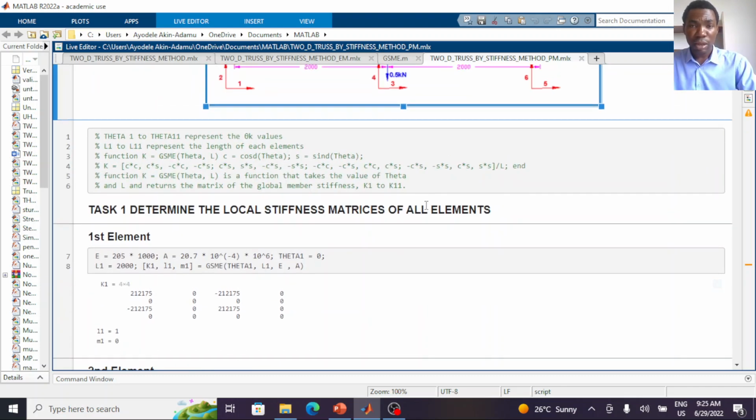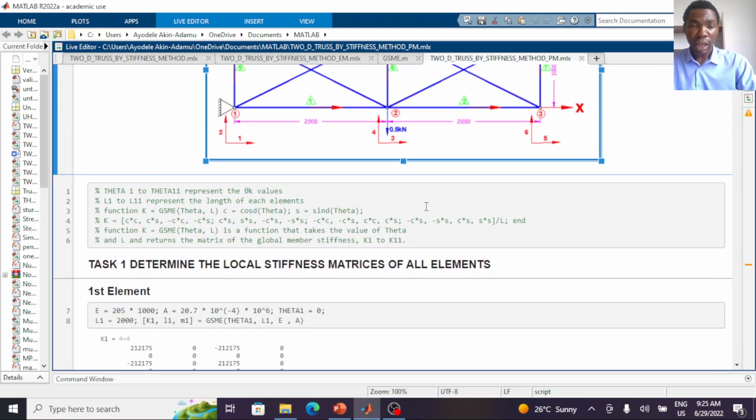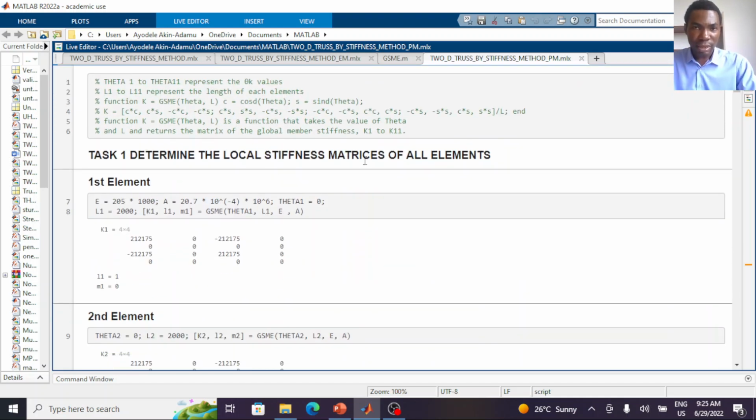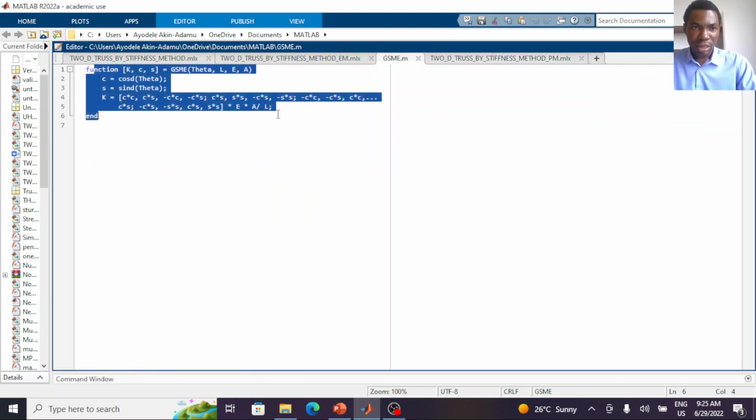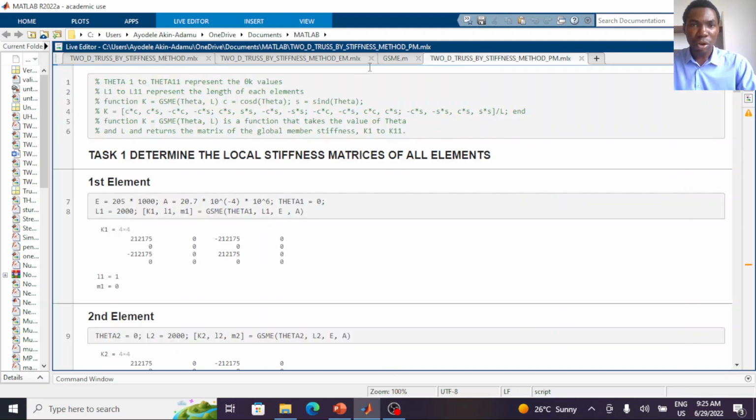I've shown you the formula for the local stiffness matrix before, EA over L multiplied by a 4x4 matrix. And that 4x4 matrix is actually this matrix here, which I'm going to call as a function to help us compute our local stiffness matrix.